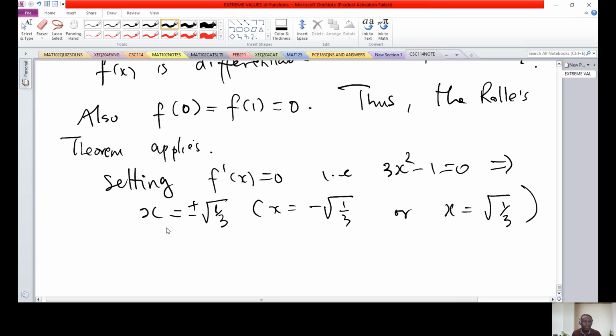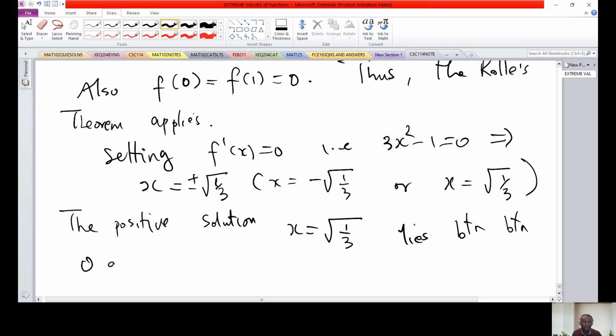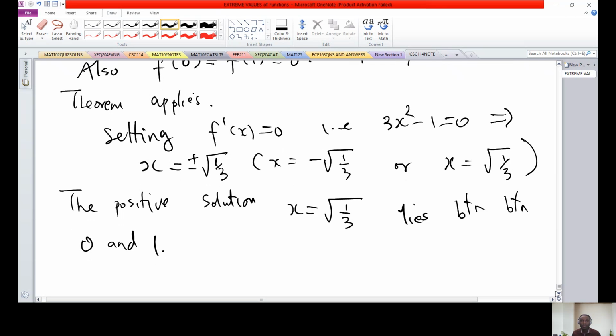From these two values, the positive solution x equals square root of 1 over 3 lies between 0 and 1. Thus, it is the value of c that satisfies Rolle's theorem for this given problem.